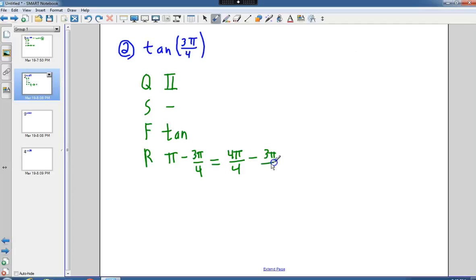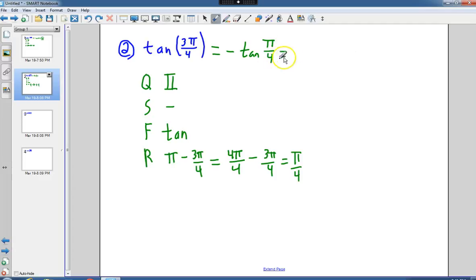So 4 pi over 4 minus 3 pi over 4 gives us a reference angle of pi over 4. And with that, we can now rewrite the tangent of 3 pi over 4. That should be equal to negative tangent of our reference angle of pi over 4.